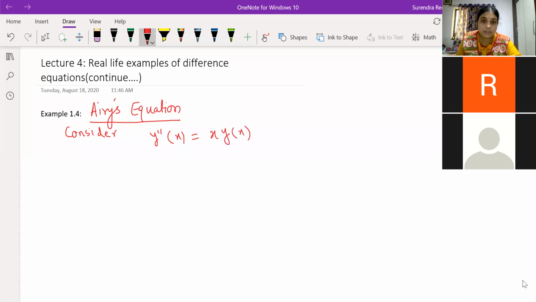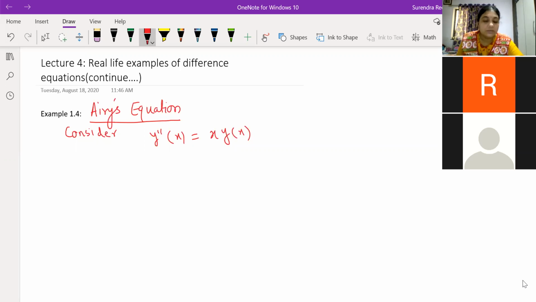This is called the Airy equation, and it has many applications. It arises in electrical engineering as well as in physics, while solving Schrödinger equations. We will see now how difference equations play an important role in solving such Airy equations.